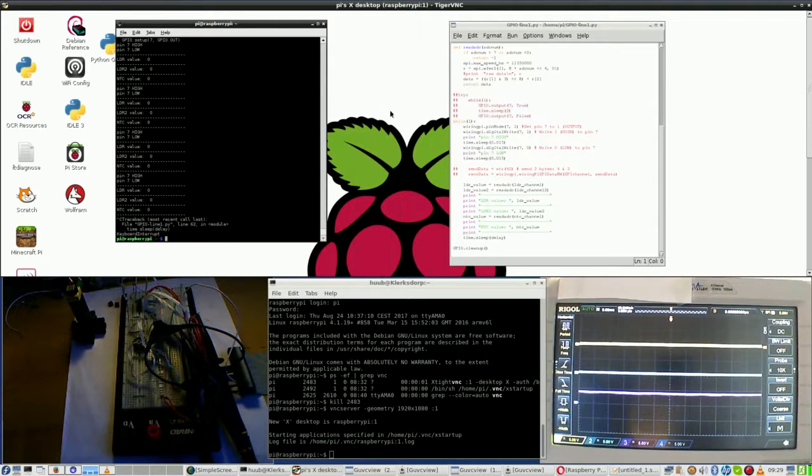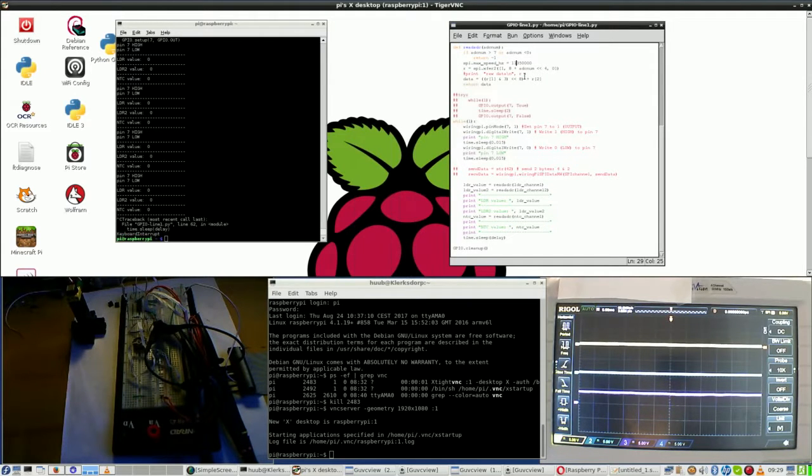Also, one other thing is that it has a maximum speed of 13 megahertz, and then you get into a period of a microsecond. Mere microseconds.